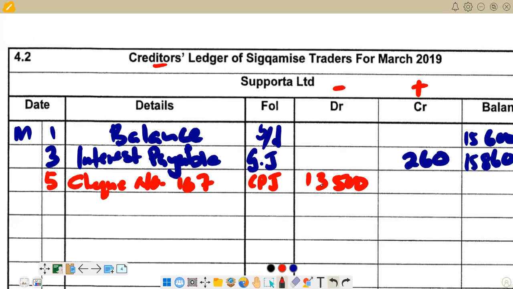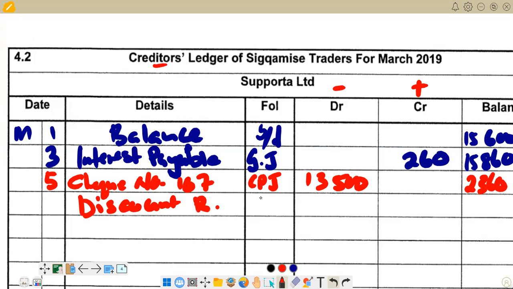Then we make the adjustment in the balance column. This is debited, so it is now a subtraction: 17,860 minus 13,500, and we get 2,360. And then we also have a discount received that we are supposed to enter here, of 500.